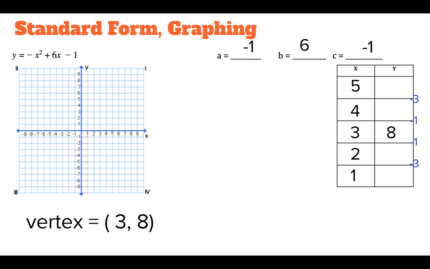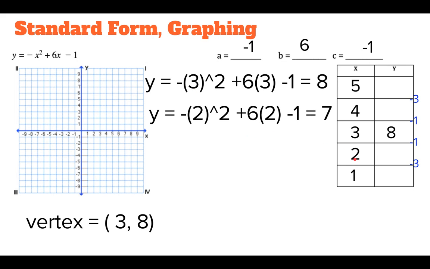Okay, so I could do that. But if you can never remember the pattern, you can always, just like we calculated the vertex, take the x value and plug it in. You're going to get the same result. So if I do the same thing, I take 2 and I plug it in, I get 7. So that 7 would go here. I got the same thing doing the pattern. Okay?